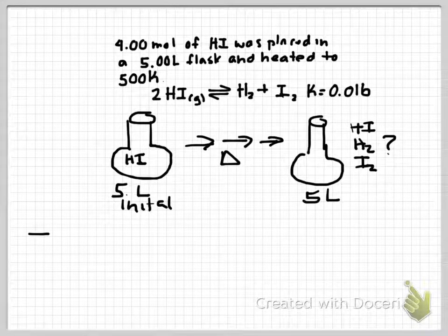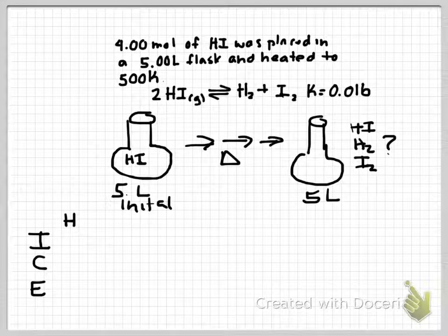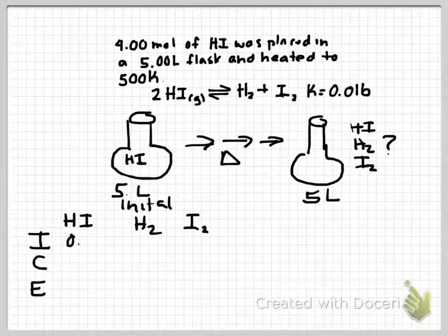To solve the problem, we're going to use the ICE table, and ICE stands for initial, change, equilibrium. And we're going to put our different components across the top. So here's our hydrogen iodide, hydrogen, and then iodine. Our initial conditions. When we do ICE tables, we always have to do it in terms of molarity or concentration.